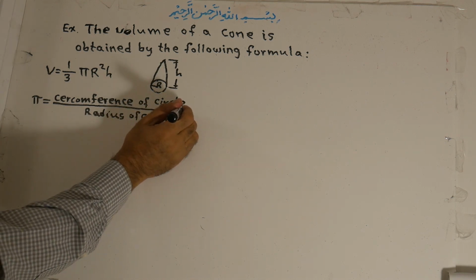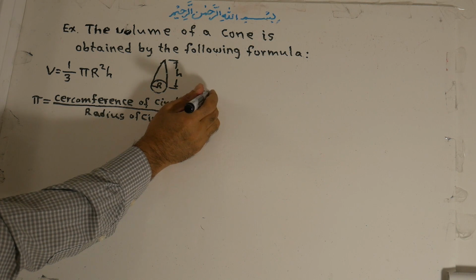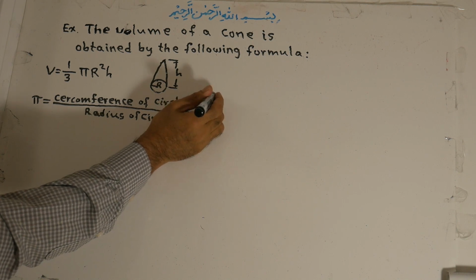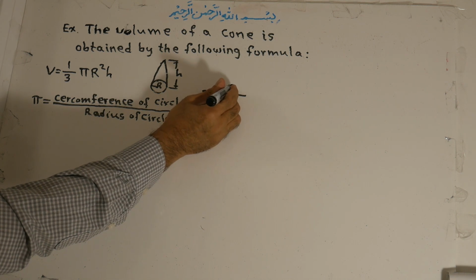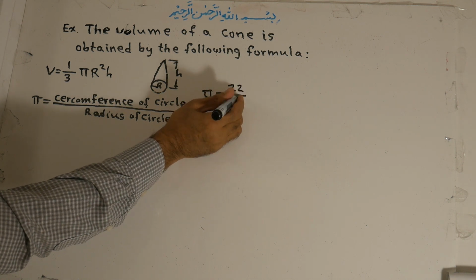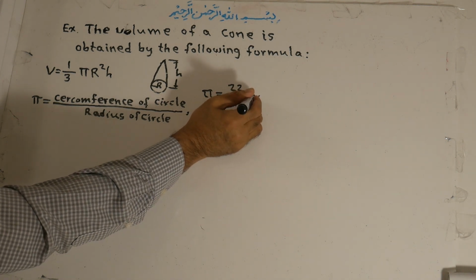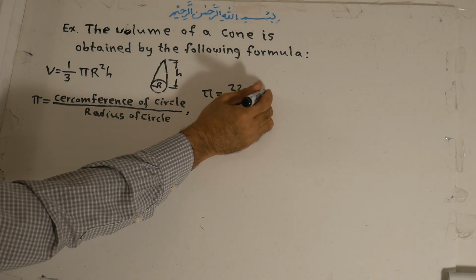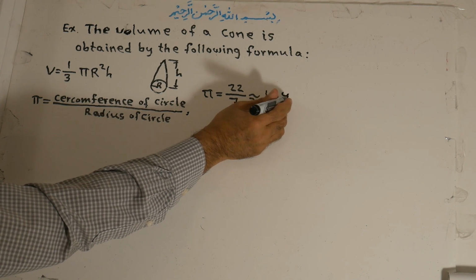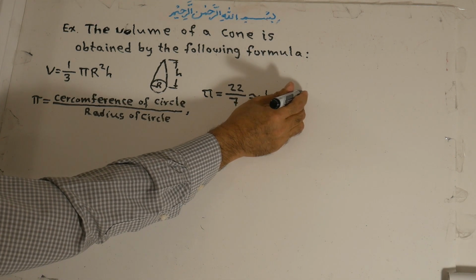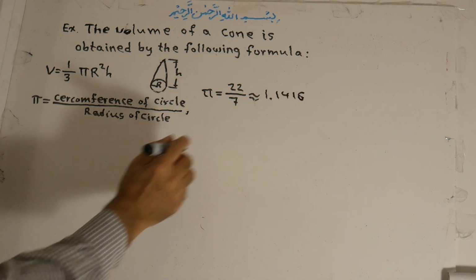The pi is a constant number, approximately equal to 22 over 7, or approximately 3.1416.